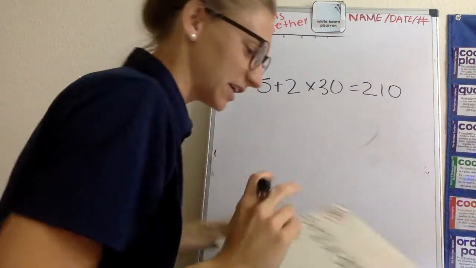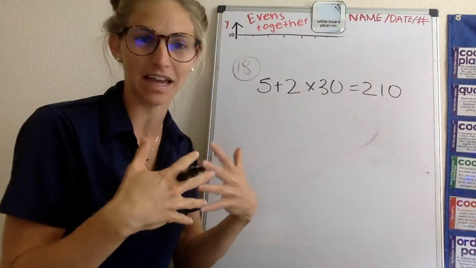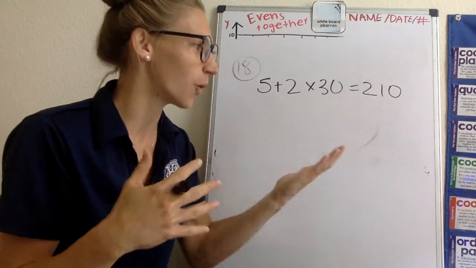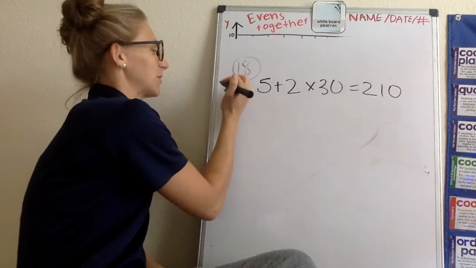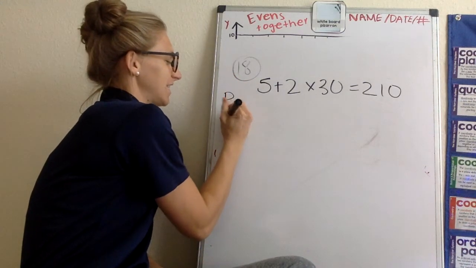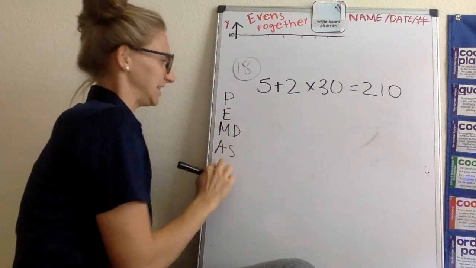Okay, so this is kind of like a little bit of a throwback problem. It doesn't technically tie in with our coordinate planes, but it is a spiral review to get your mind thinking about it. So remember, this is PEMDAS: Please Excuse My Dear Aunt Sally.